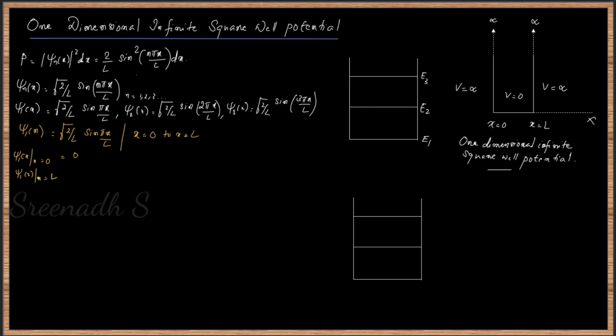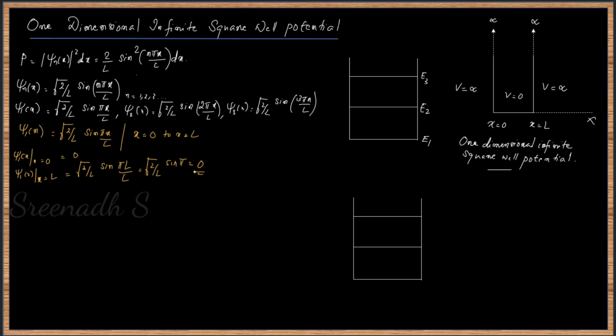Square root of 2 by L sin π. Sin π is also equal to 0. So at x equal to 0 and at x equal to L, the wave function psi 1 of x is 0.